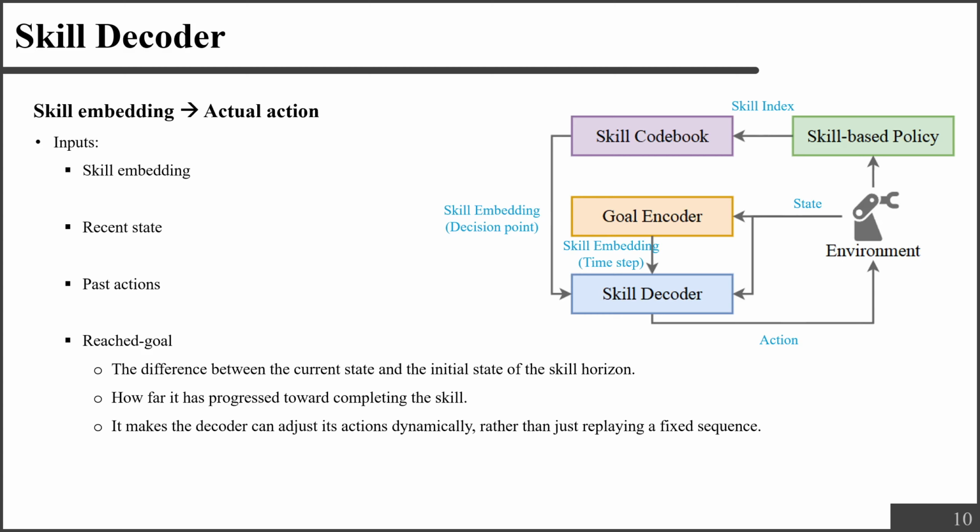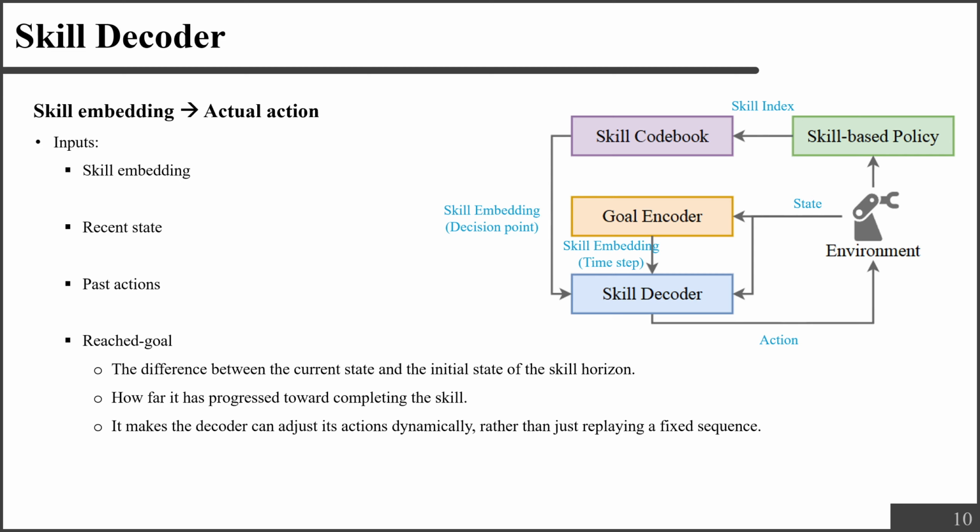Once we have a skill embedding, we still need actual actions to interact with the environment. The skill decoder plays this role. It receives the skill embedding along with the recent states and past actions and something called the reached goal.